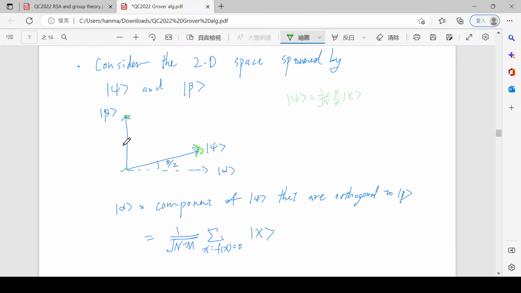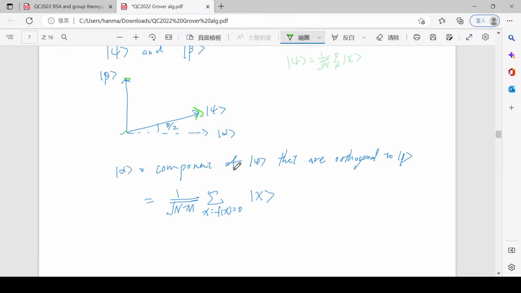And what is actually orthogonal to beta in this two-dimensional space is also something very nice. It's just the equal superposition of everything that's not marked. That should make a lot of sense, hopefully.